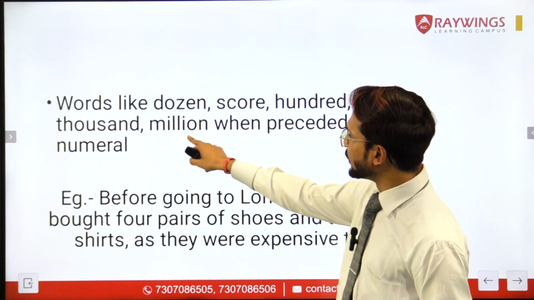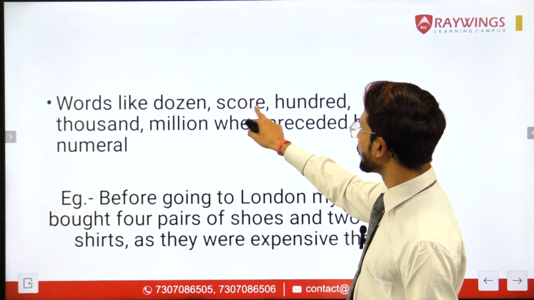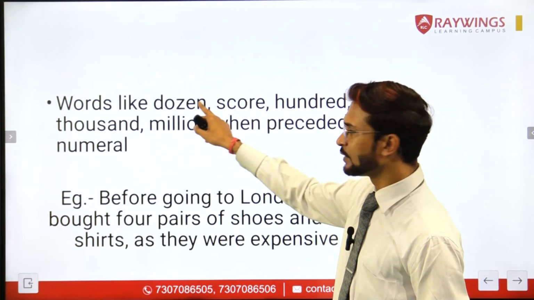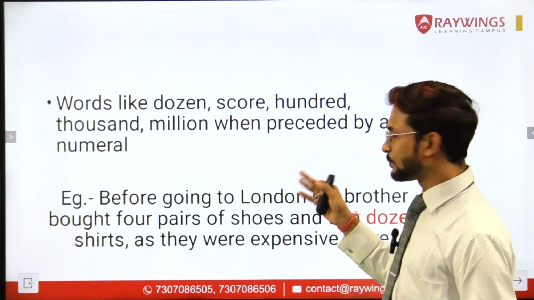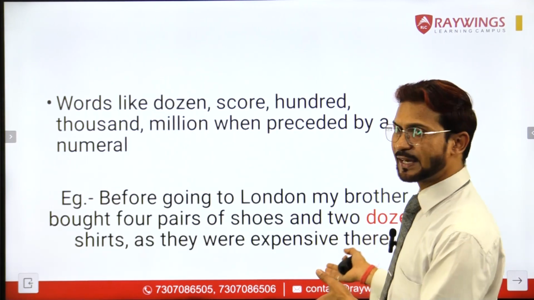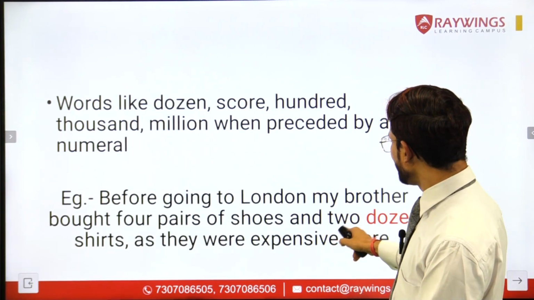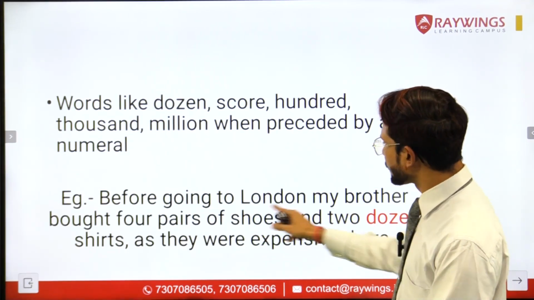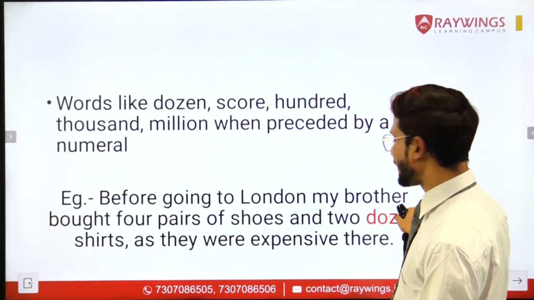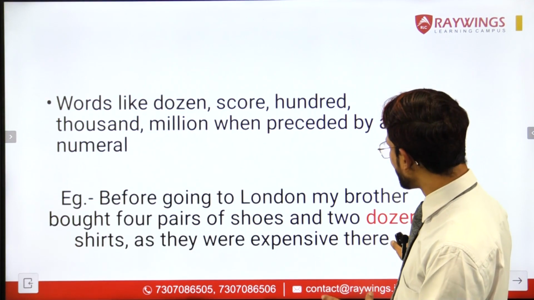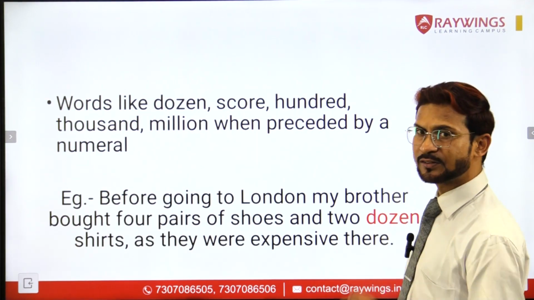But for these words mentioned here, dozen, score, hundred, thousand, million, when they are preceded by a numeral, they do not have s at their end. So here we have written 2 dozen shirts. Shirts is plural in nature, but this unit doesn't have s at the end. It is always used in the singular form, which is dozen.